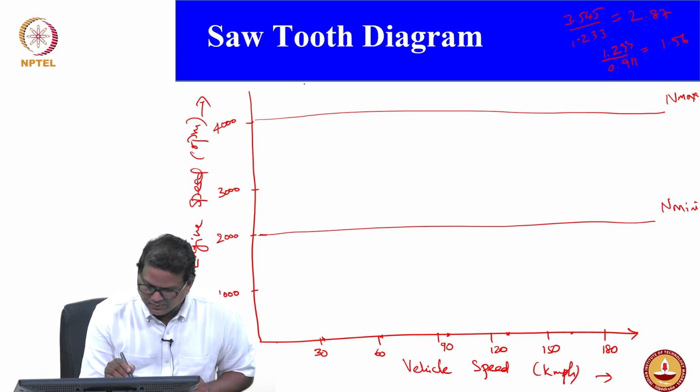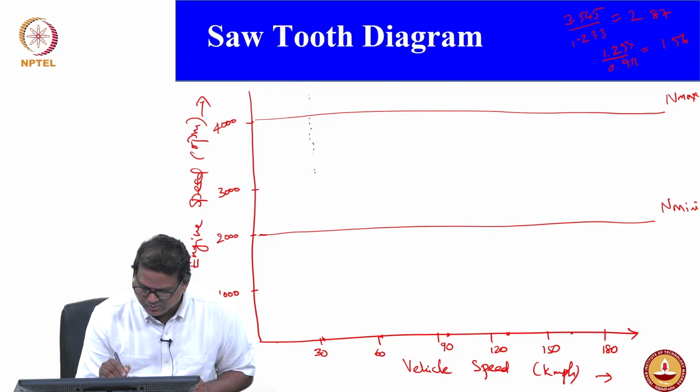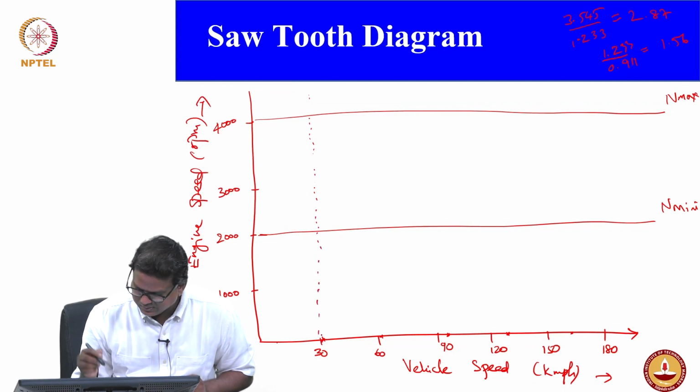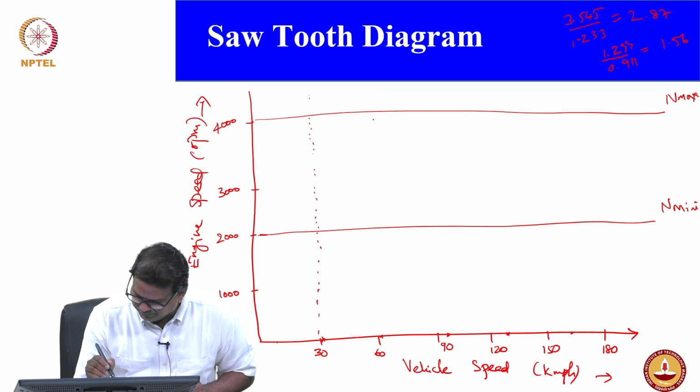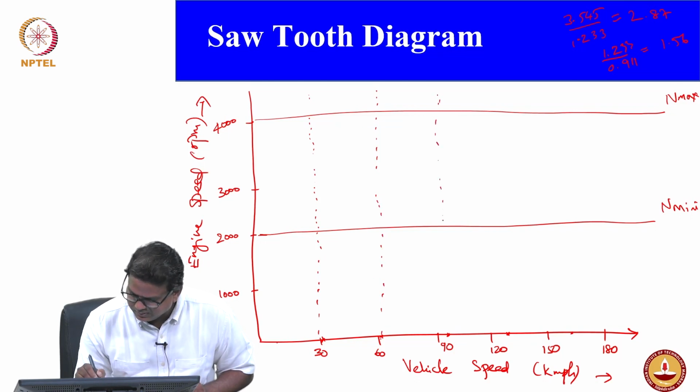Just to draw only the construction line. Just for understanding, this is another construction line for 60. Then another construction line.